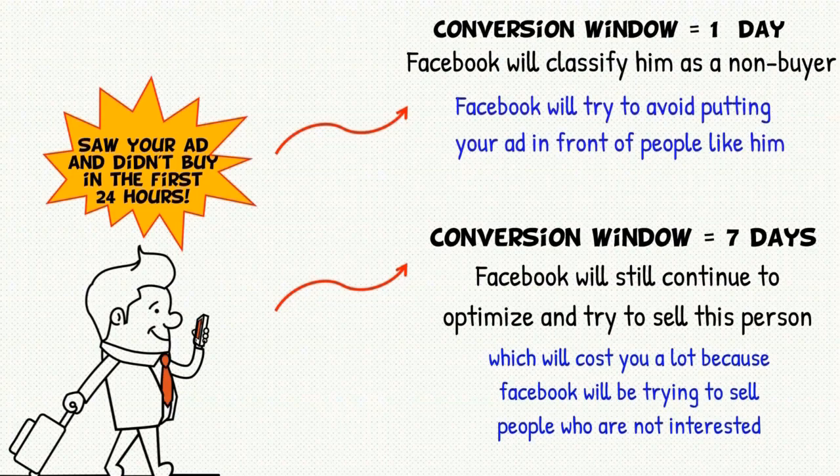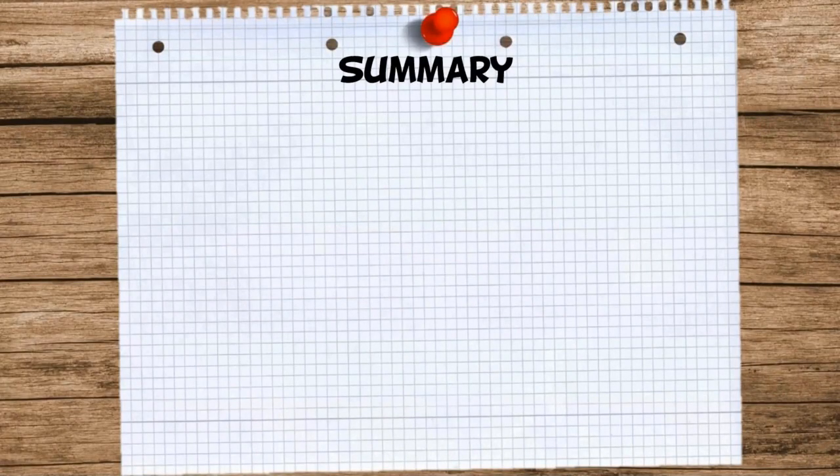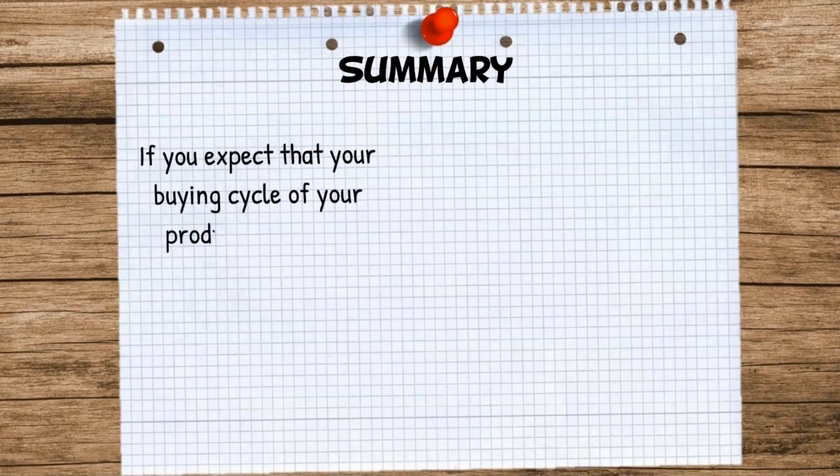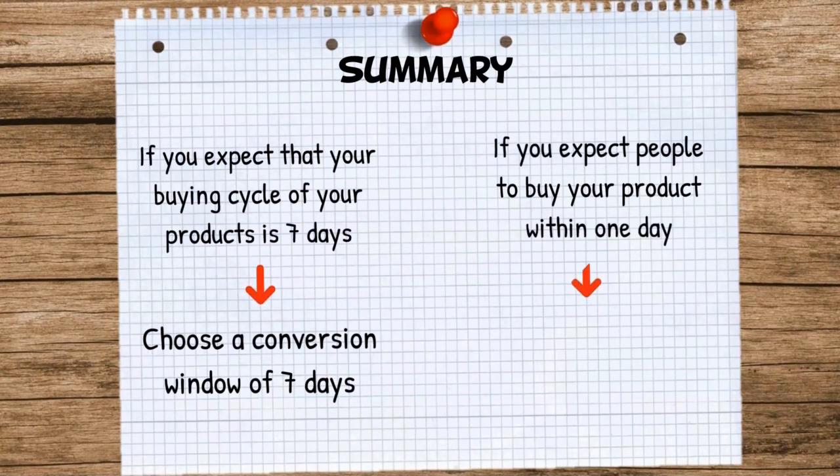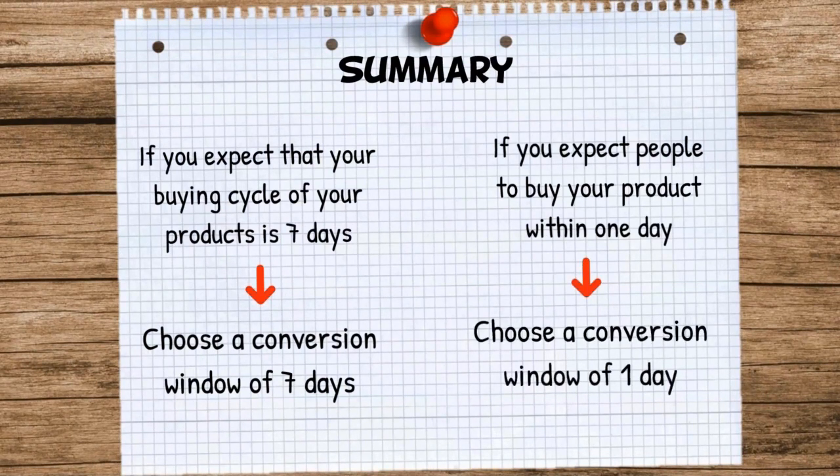I know you might be a little bit overwhelmed with all this information. If you think that the buying cycle of your products is 7 days, then you choose a conversion window of 7 days. If you expect people to buy your product within 1 day, then you choose a conversion window of 1 day. And if you don't know exactly, all you have to do is split test.